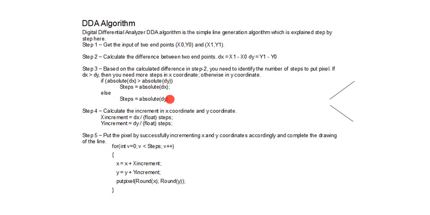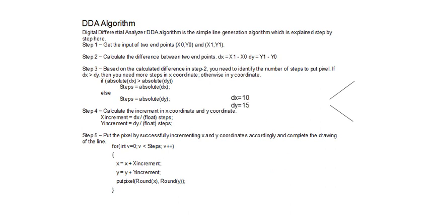So let me just write here also, so that you can go through the example. So I have dx equal to 10 and dy equal to 15 for this particular example.